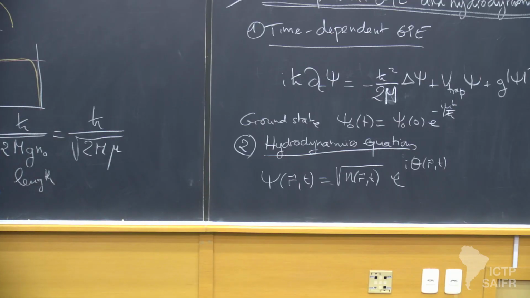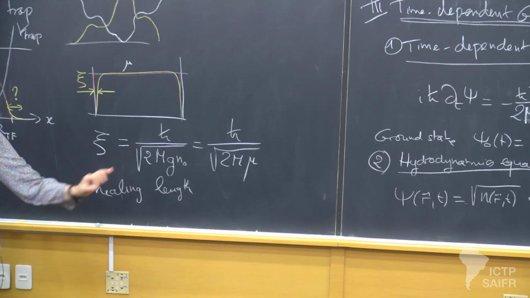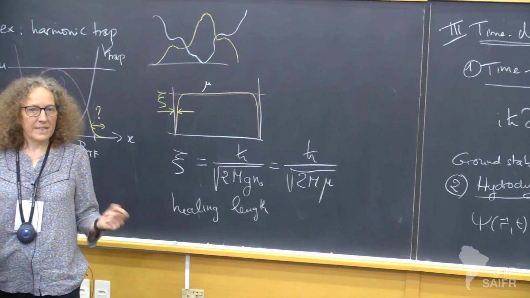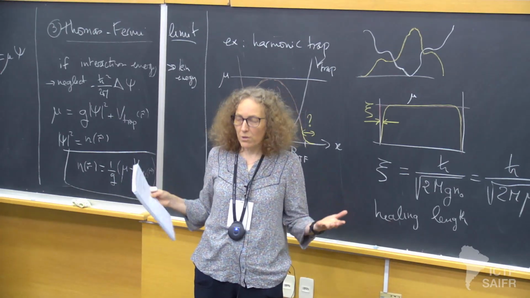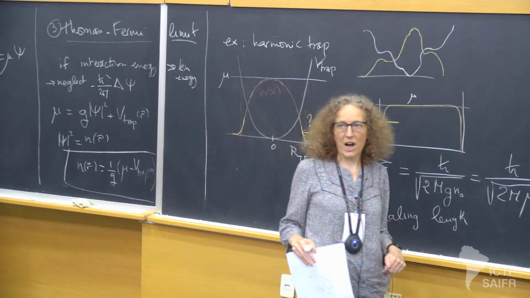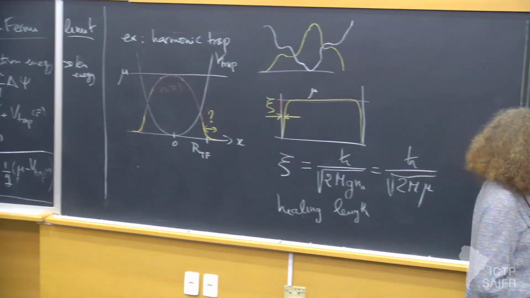So this is equivalent. Psi is a complex wave function, so in fact it lives in a two-dimensional space. And instead of having real part and imaginary part, I can replace that by two other real functions, which are the density and the phase.